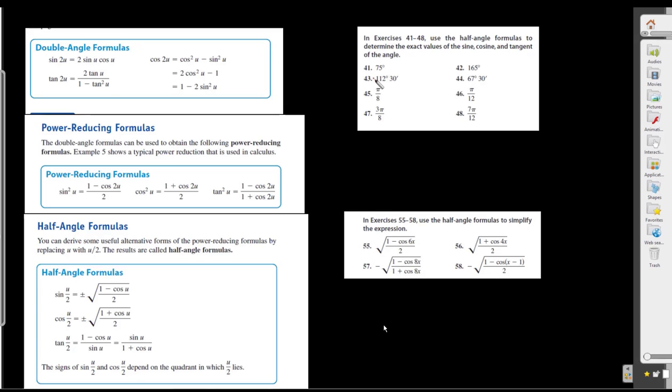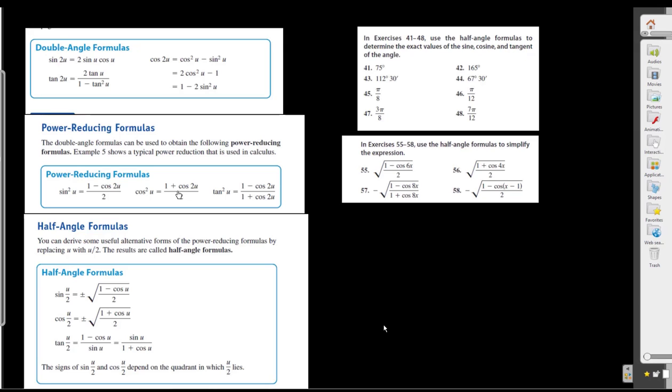Okay, I have a couple of problems here. Number 55: square root of 1 minus cosine 6x over 2. So you need to figure out which formula to use. We go to the left hand side and see where the square root of 1 minus cosine something is. That's going to be the number one formula in the half angle, that is sine u over 2. If you want to use that formula for number 55, you set u equal to 6x.